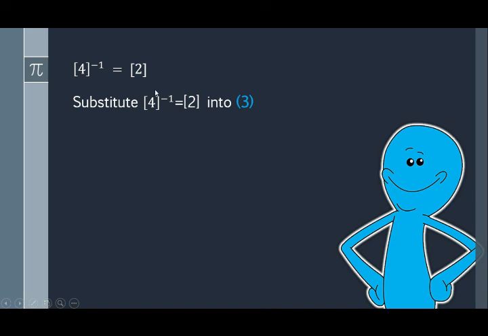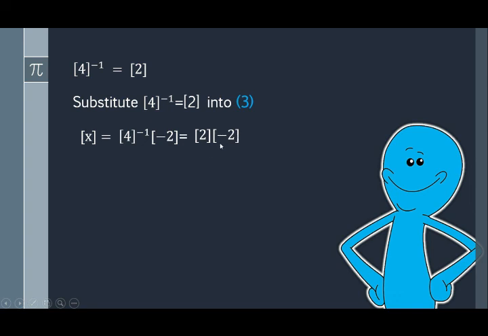We substitute this multiplicative inverse into equation 3, and remember equation 3 was the congruence class of x equal to the inverse times the congruence class of −2. We substitute 2 and we get the congruence class of 2 times the congruence class of −2.